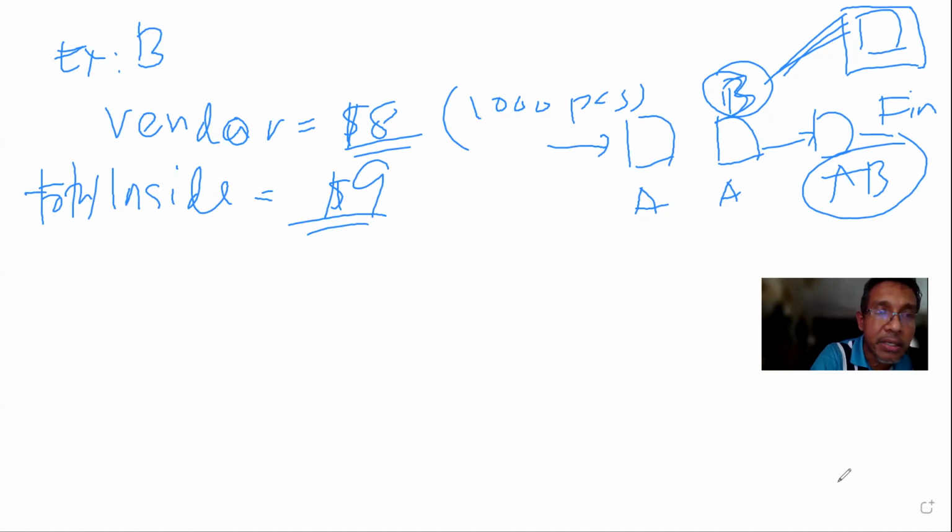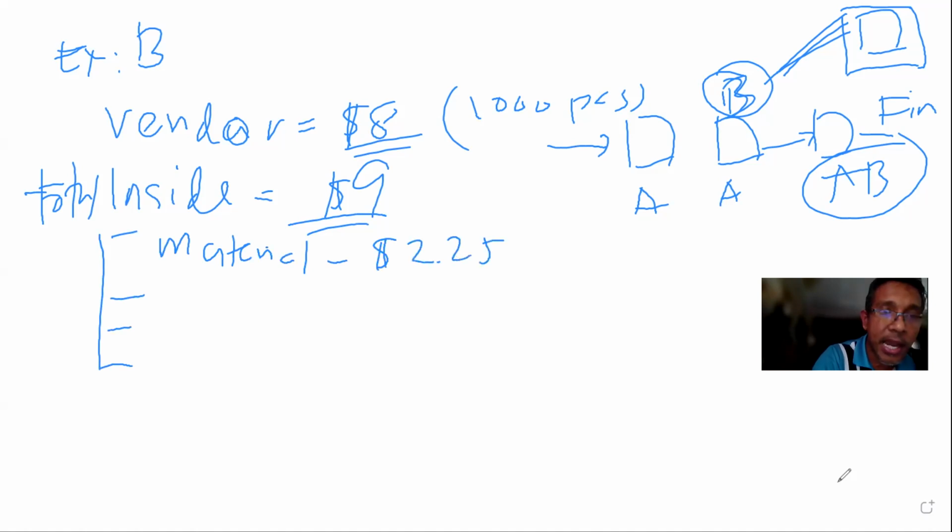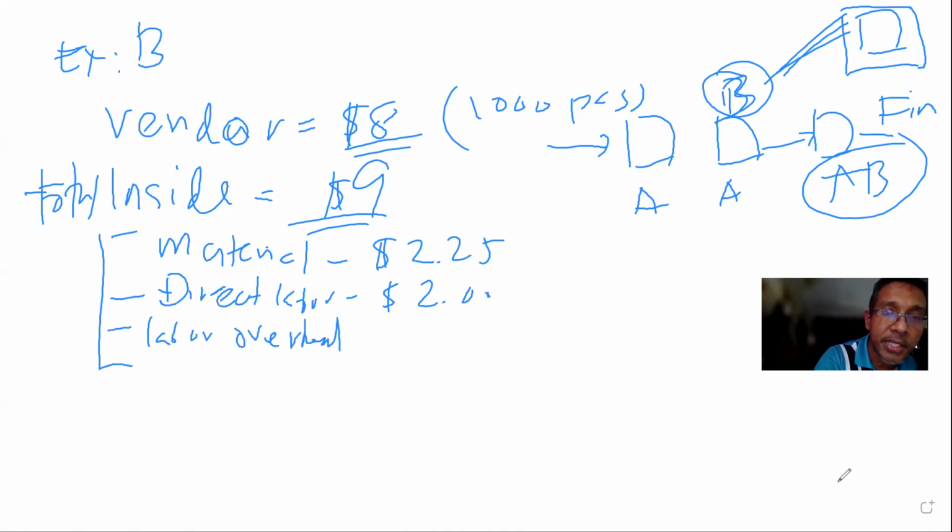But when you see the detail of the total cost inside, like material, it costs you $2.2 per unit, and then you have direct labor cost, which costs you $2. And then you have labor overhead. Last time we learned this already.